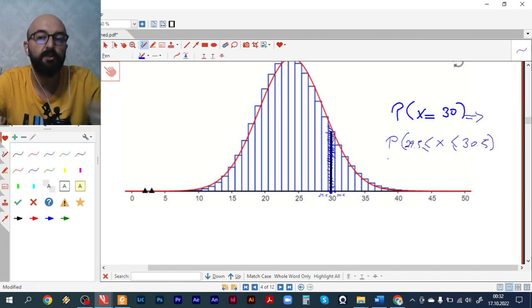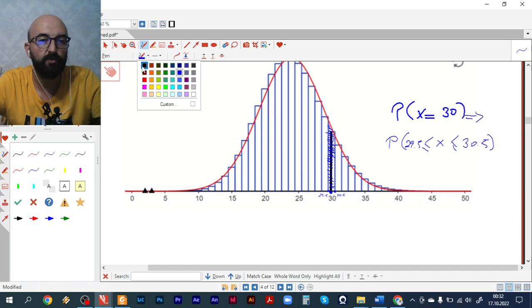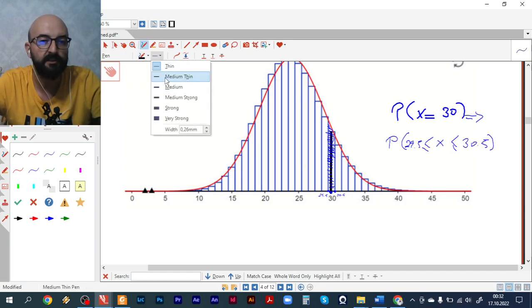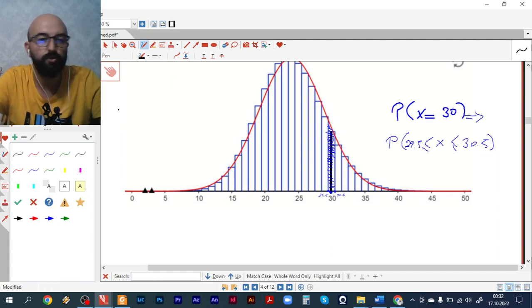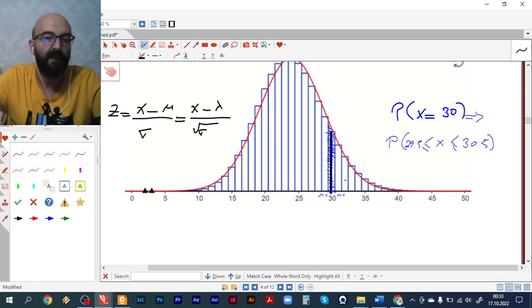This is continuity correction. When you want to apply continuity correction, you should use this formula: z equals x minus mu over the standard deviation. But in the Poisson distribution, this formula means x minus lambda over the square root of lambda.